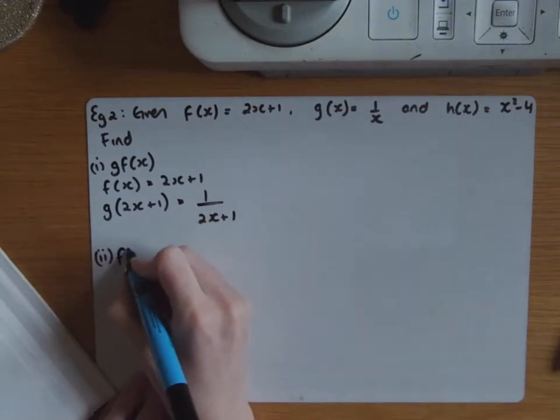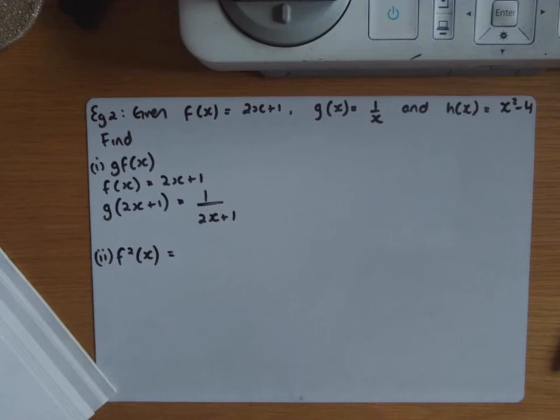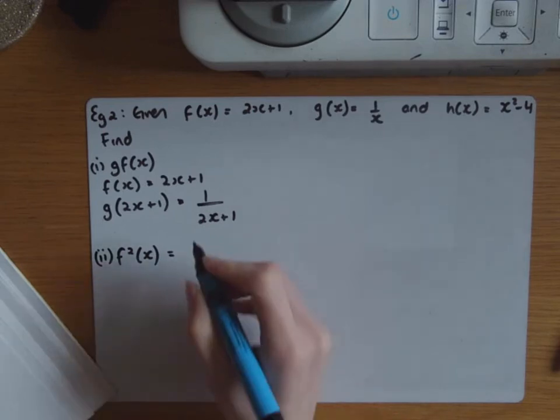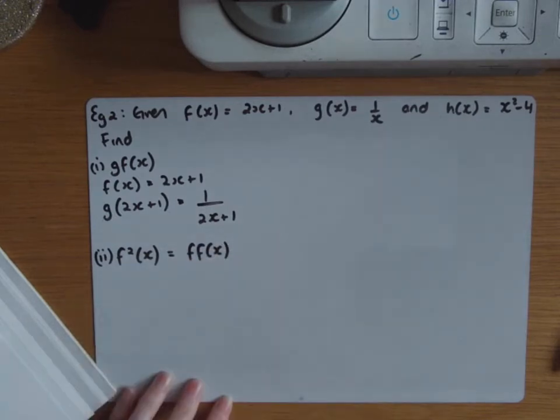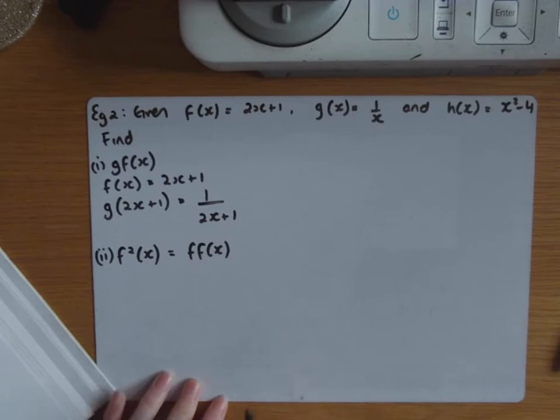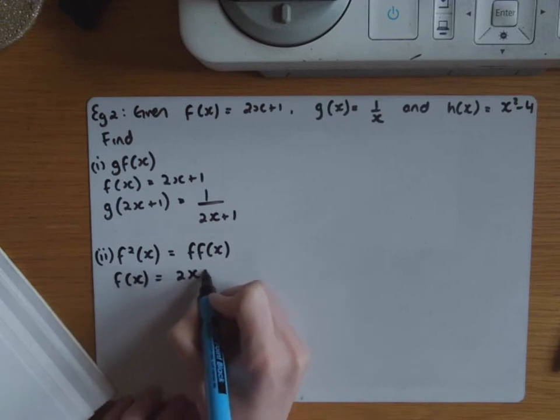Part 2. f squared of x, that's the same as f of f of x. So get f of x and then get f of your answer. Okay, so first of all I have to write down what f of x is, 2x plus 1.